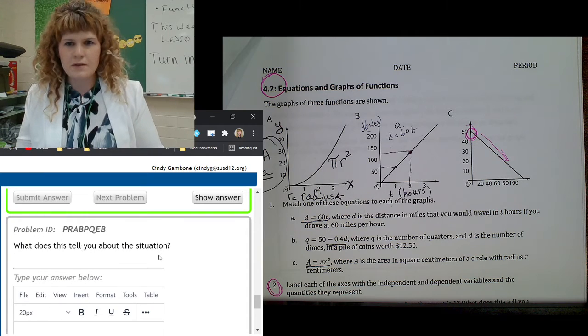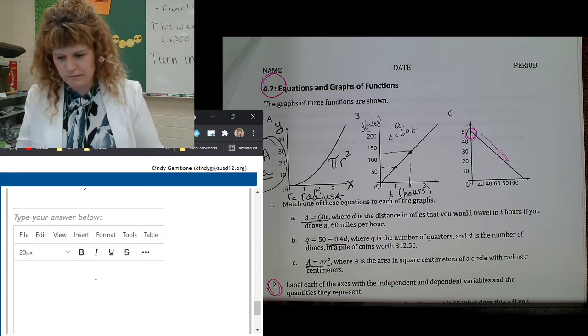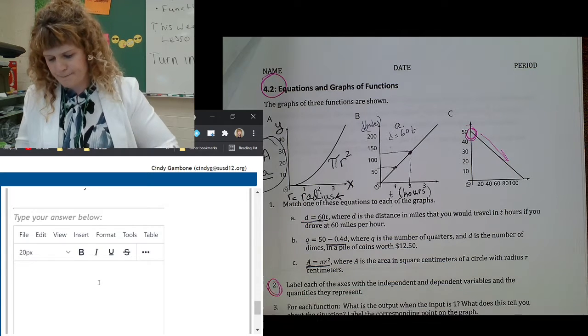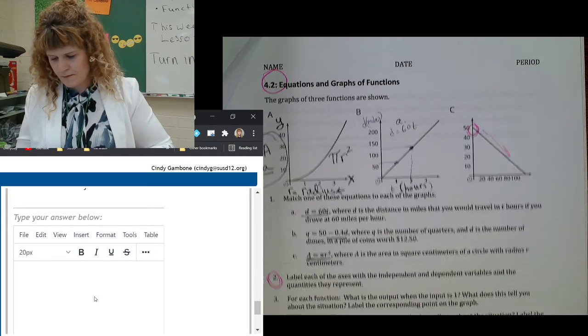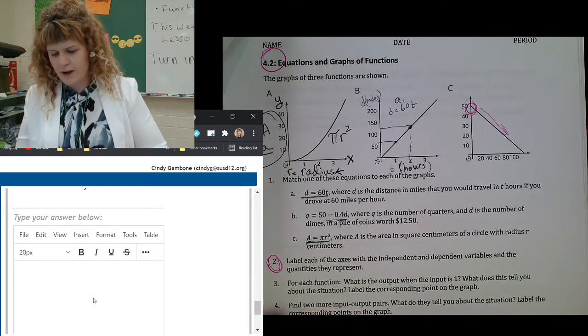What does this tell you about the situation? and then label it on the graph. What does this tell me?